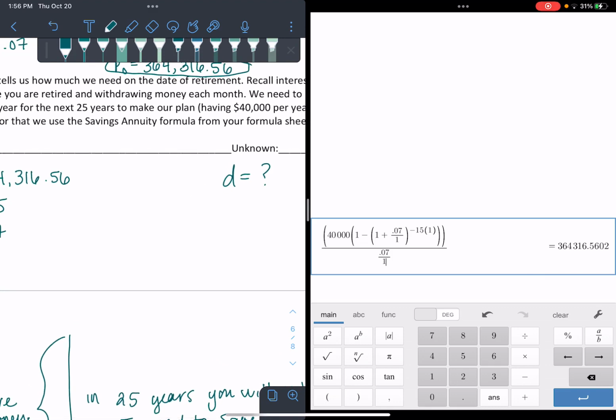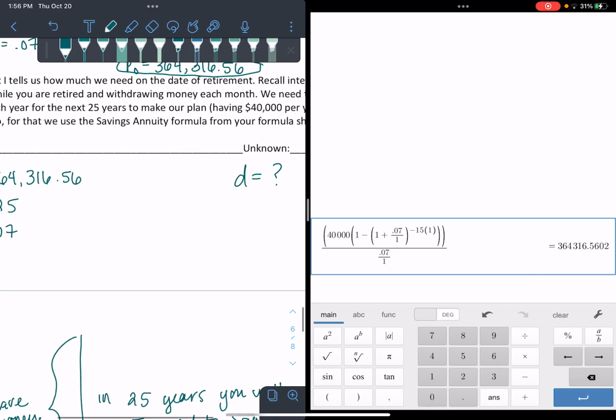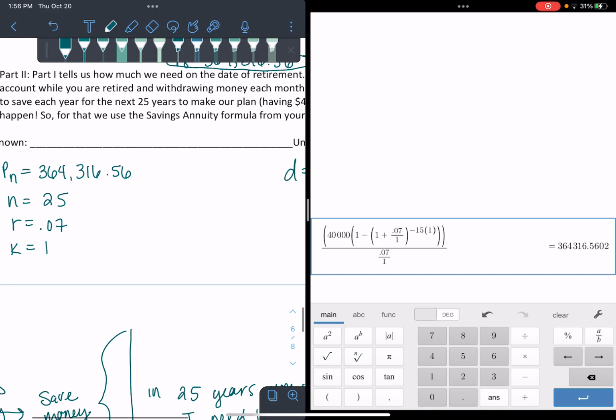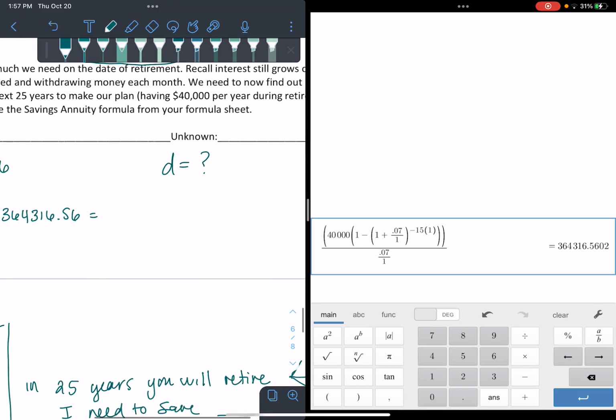So we're going to use the savings annuity formula and put in P sub N, 364,316.56 equals D, parentheses, 1 plus 0.07 over 1, close, to the 25 times 1, minus 1, close, close, all over 0.07 over 1.